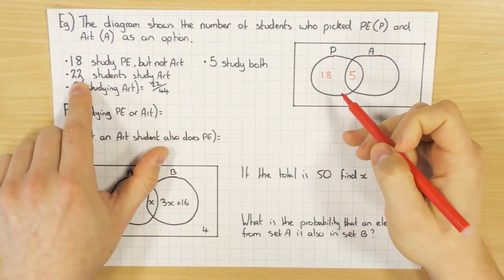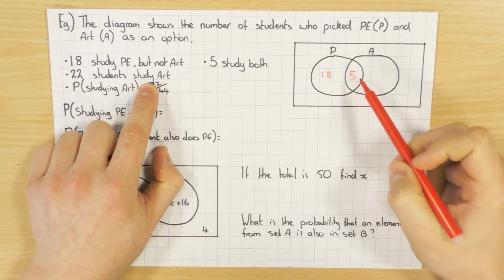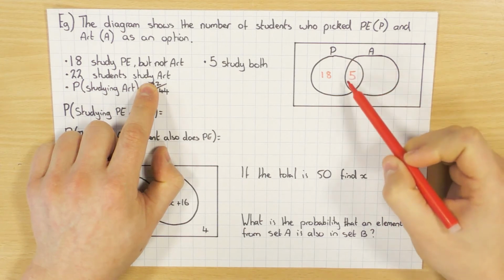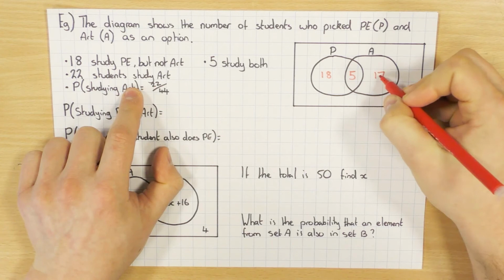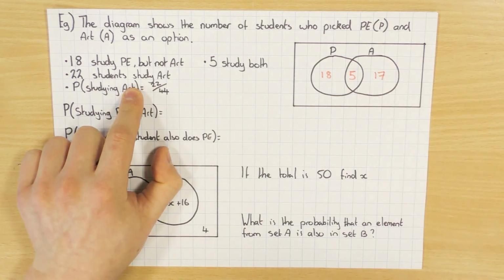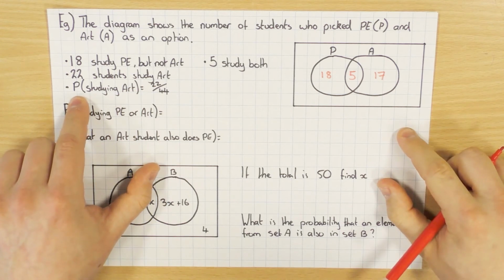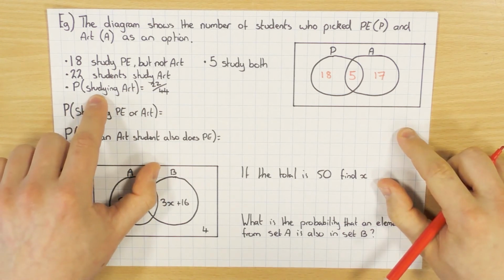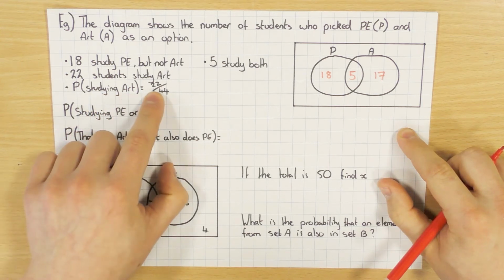Now I can go back to this one. 22 students study art. Well, I know 5 of them study both. So how many just study art? Well, I do 22, take away 5, which gives me 17. And I know, or been told, the probability of picking a student that studies art is 22 over 44.